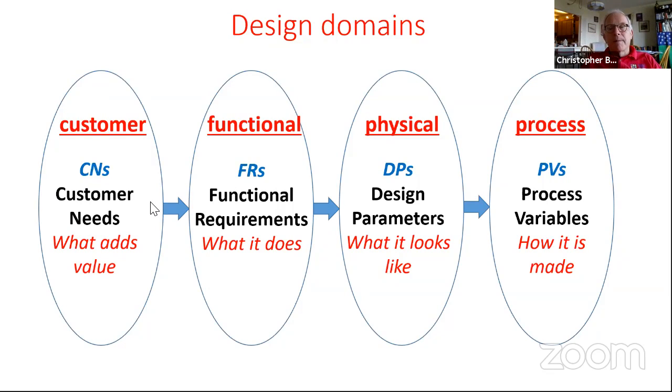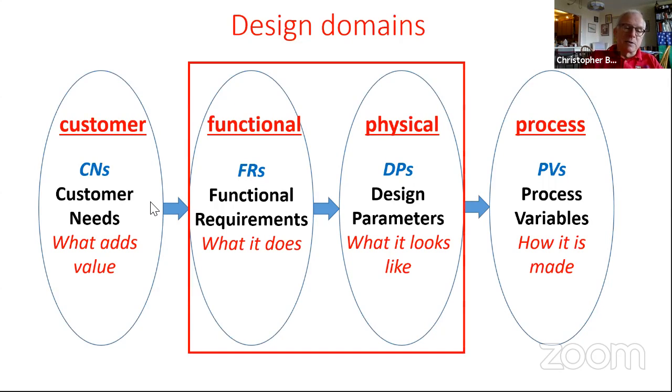And then how do I make it? What manufacturing processes do I need to make the physical elements that will fulfill the functional requirements that will then satisfy the customers? So mostly we're going to talk about these 2 today.